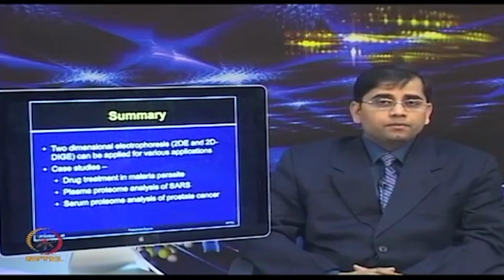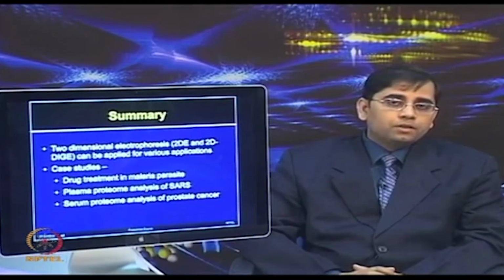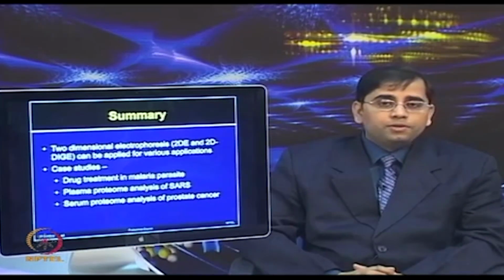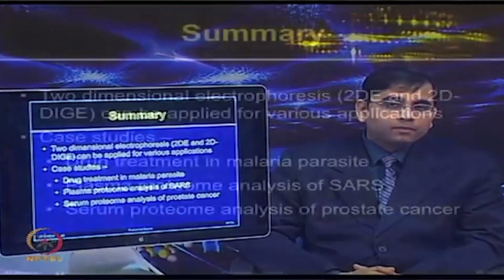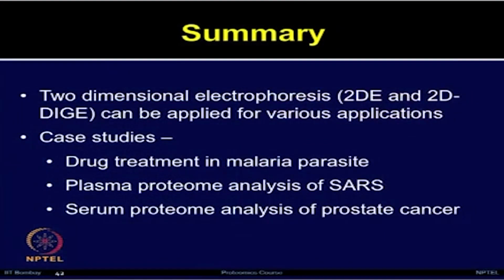So, in summary, in today's lecture, we finished 2 case studies on 2-dimensional electrophoresis, which were continued from the previous lecture. We discussed different types of drug treatment in the malaria parasite, Plasmodium falciparum. We also discussed the SARS proteome alteration in the plasma due to SARS virus infection.